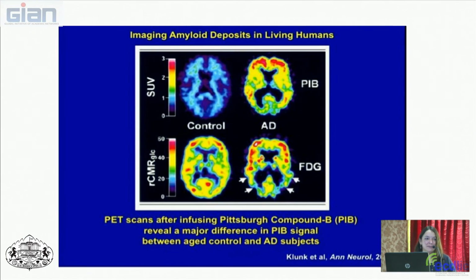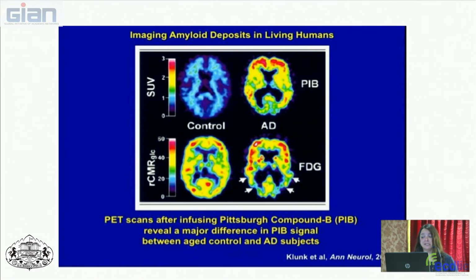An interesting thing about this Pittsburgh compound B and these amyloid plaques is that they were imaging control subjects and imaging these Alzheimer's subjects to see the differences in these amyloid deposits. And a strange thing that they saw was in some of these control subjects, these people had amyloid plaques already in their brain. Which is kind of scary if you come in to do a control study and you see that you have plaques in your brain already.